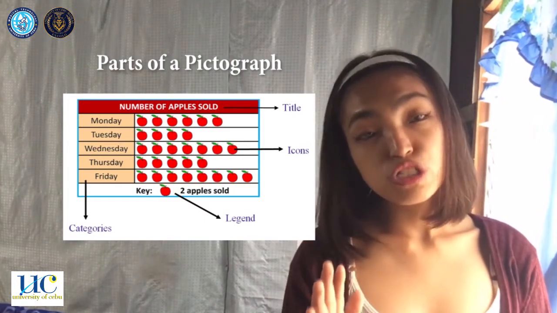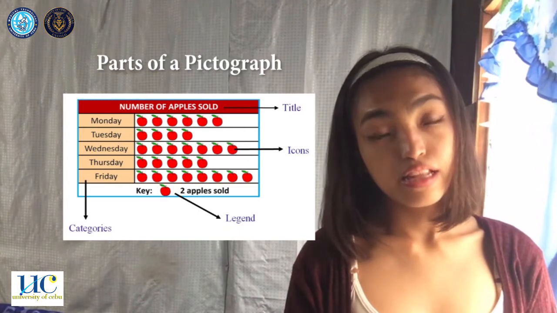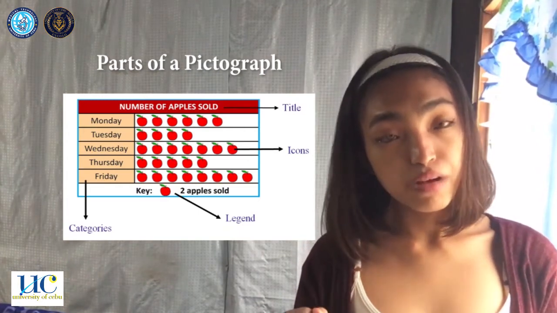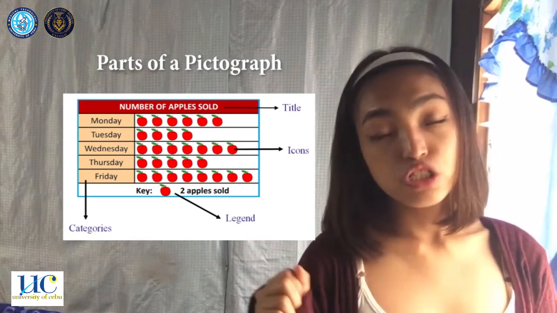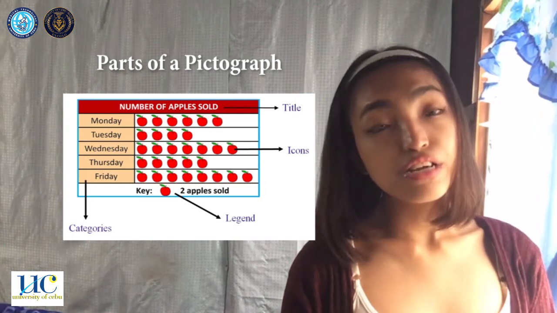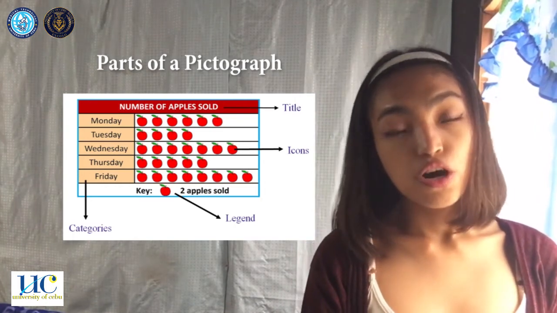And the most essential component, the legend, since it includes the corresponding value of each icon at the bottom. It guides the reader on the numeric value of each icon.